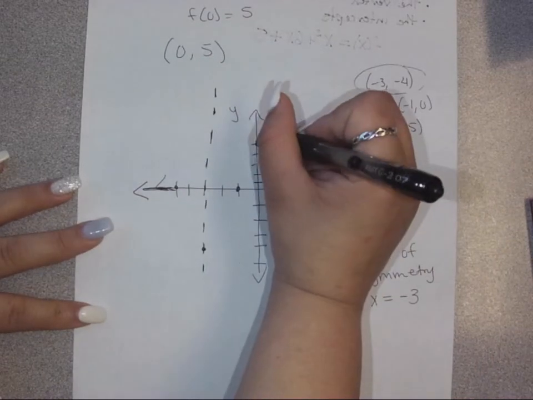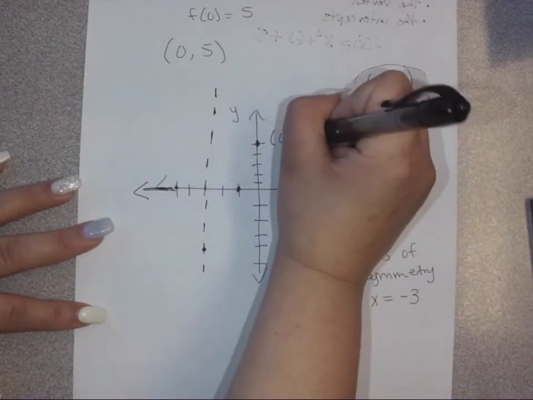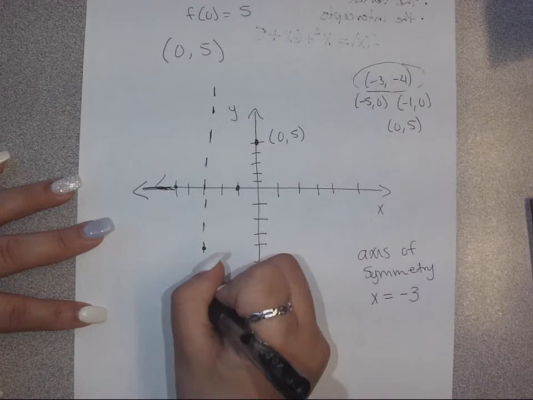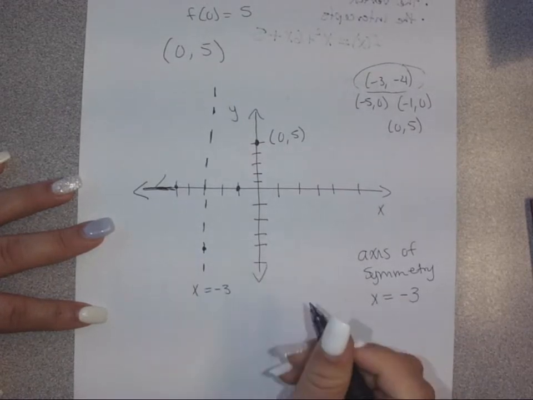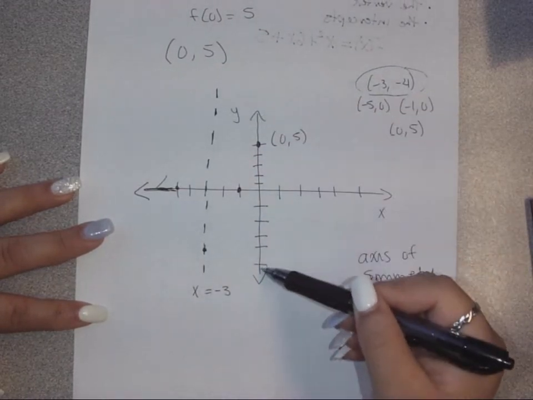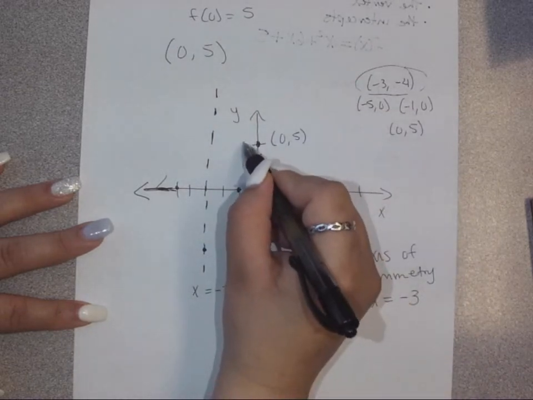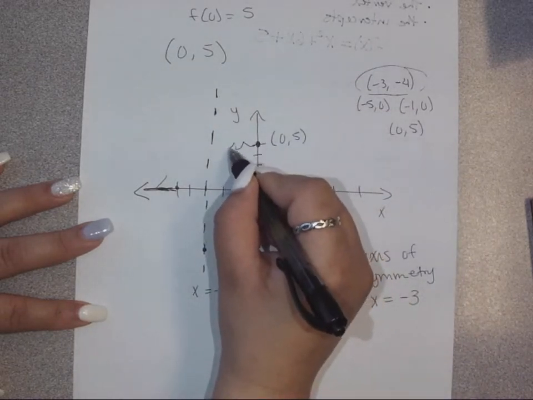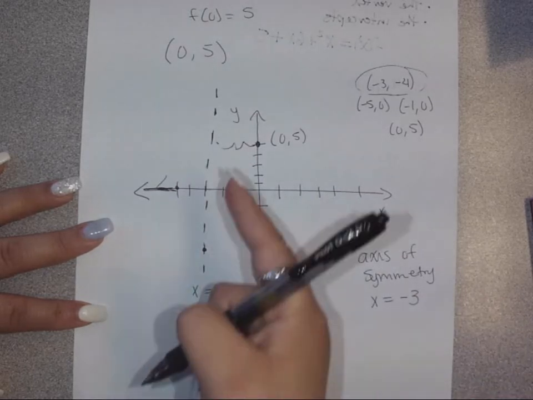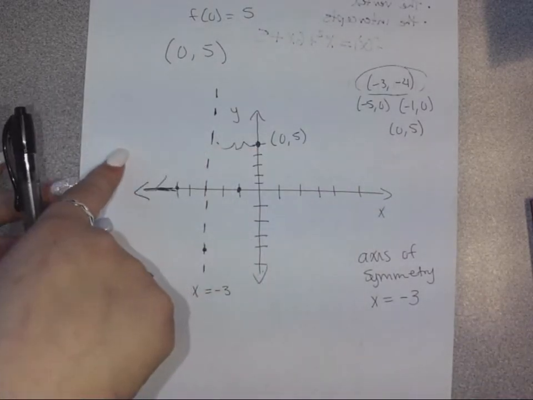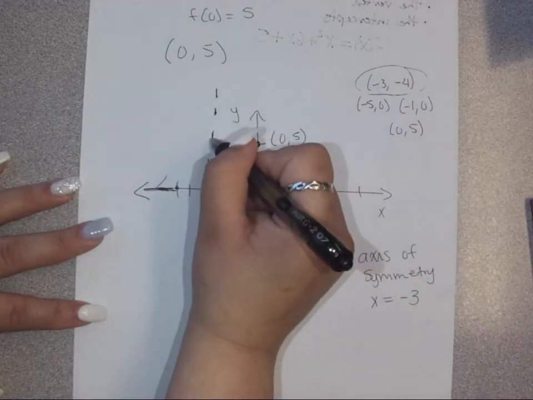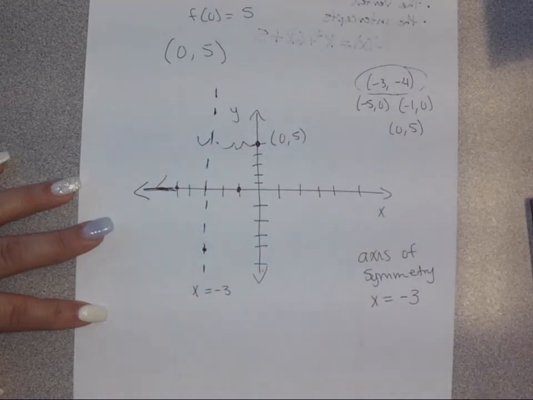So this point here is the point 0, 5. Our vertex is at x equals negative 3. So from the x value of 0 to the x value of negative 3, this point is exactly 3 units away from our vertex. That means the other point that matches this point is also going to be 3 units to the left.